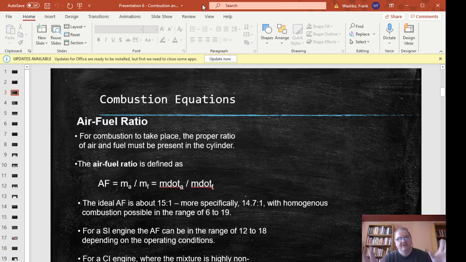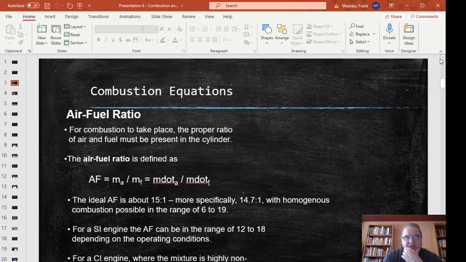So I alluded to this idea in the previous lecture, I think it was the previous lecture, that we spray in a certain amount of fuel in order to achieve about a 14.7 to 1 air fuel ratio, and we are trying to hit that number.